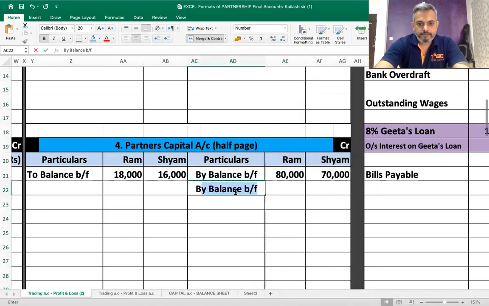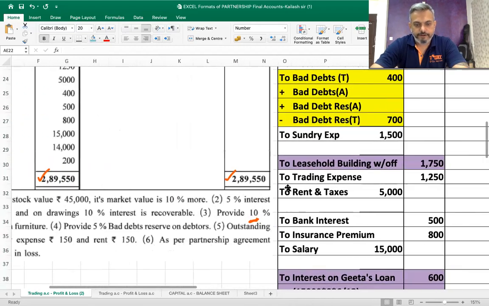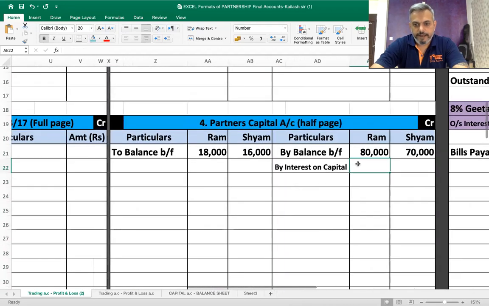So by interest on capital, let's calculate interest on capital. What is the percentage? 5%. So 5% of 80,000 is 4,000 and 5% of 70,000 is 3,500.